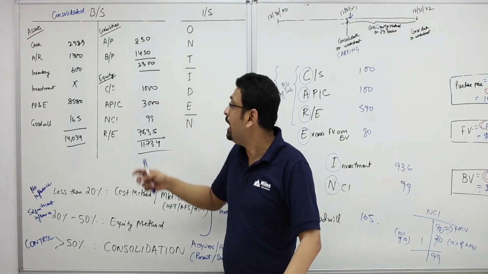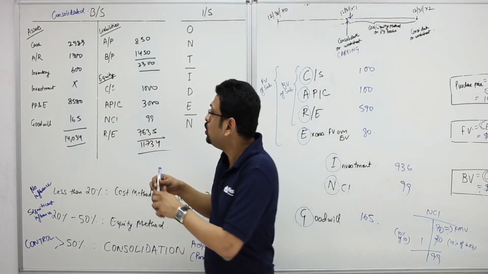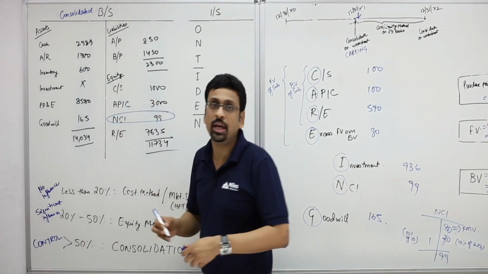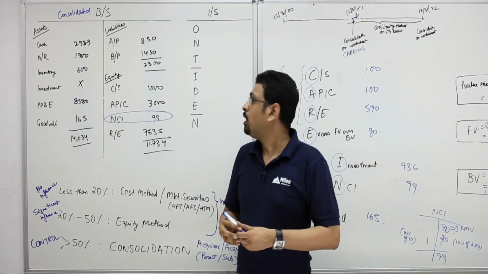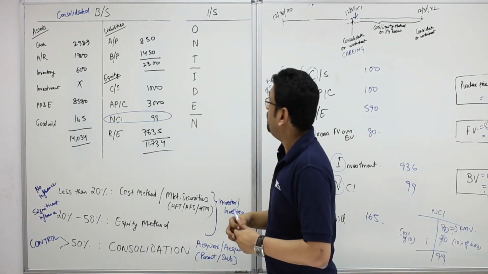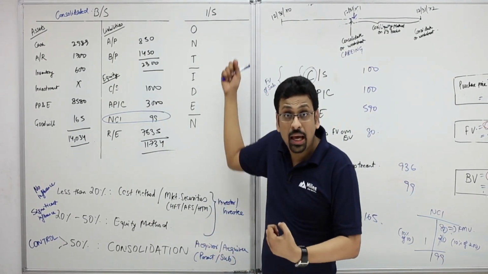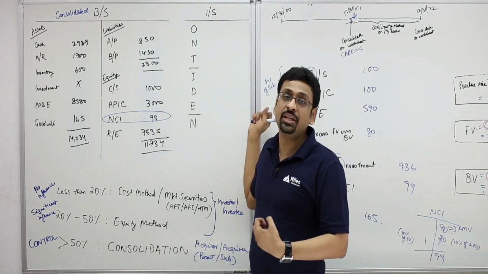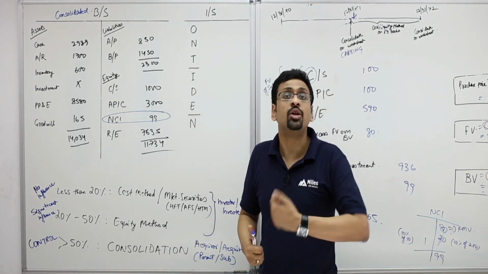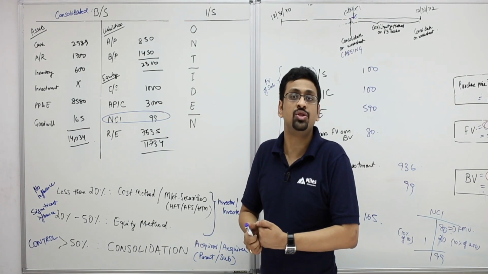And that is why, along with the parent's equity, you also had the non-controlling interest number. Now, on the income statement, after acquisition, you're going to have the parent's income plus the subsidiary's income. And you're going to have 100% of the subsidiary's income after acquisition.